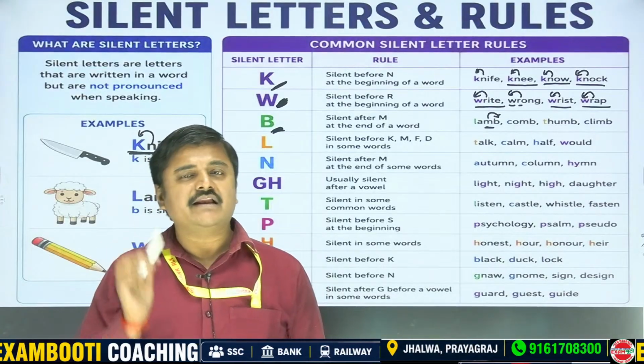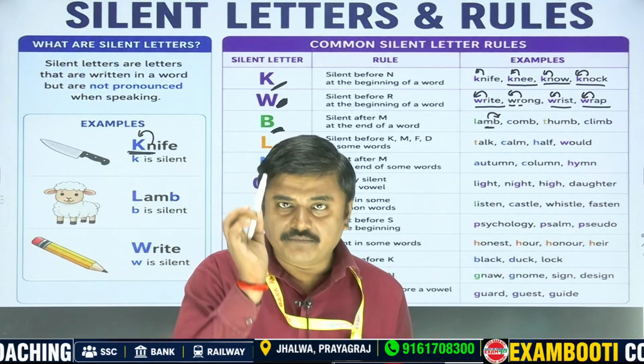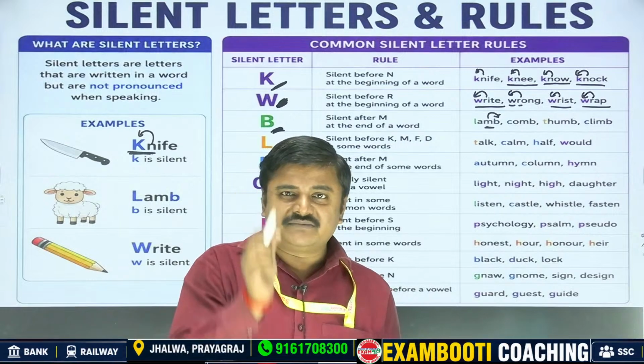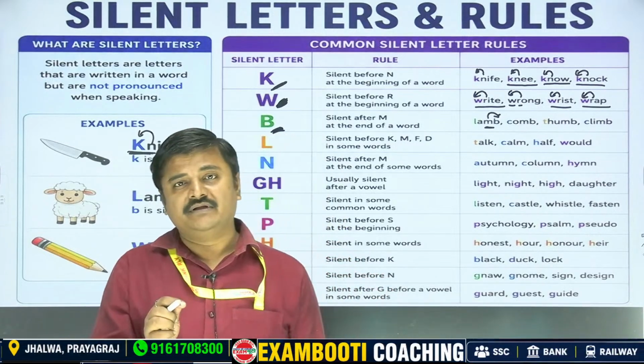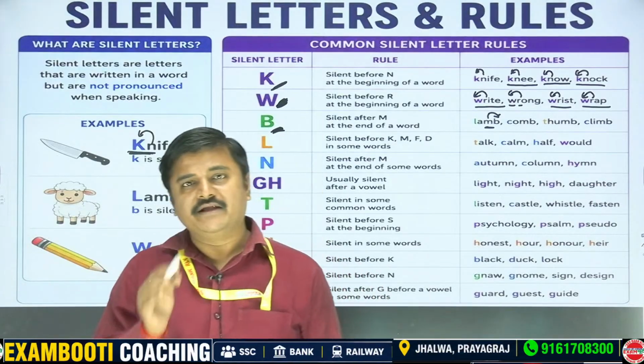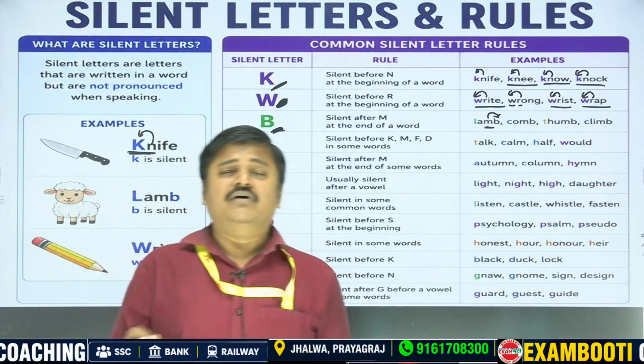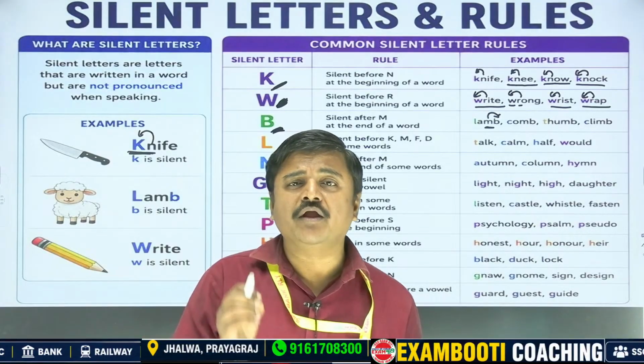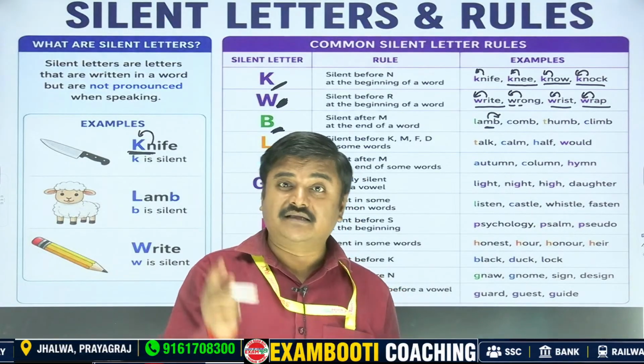B is silent when B just comes after M, when M is followed by B. It means in any word, the B is going to be silent. This is the third rule.